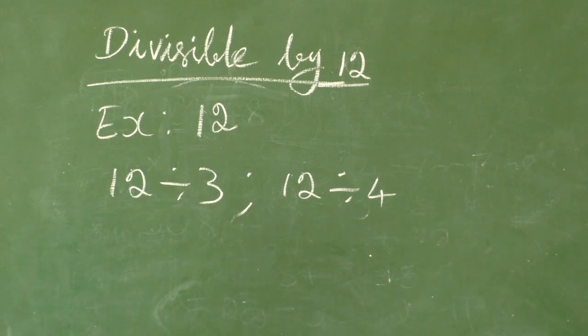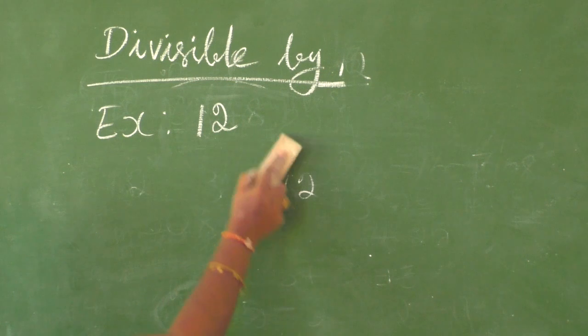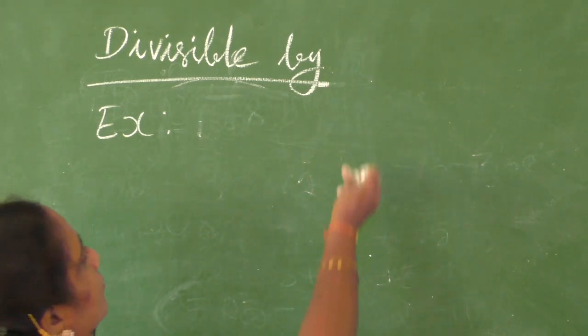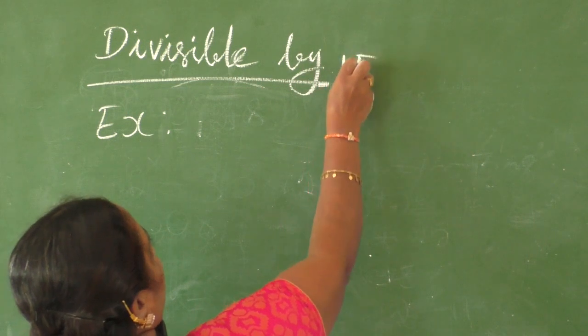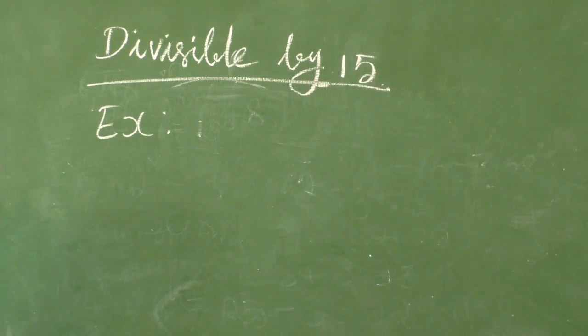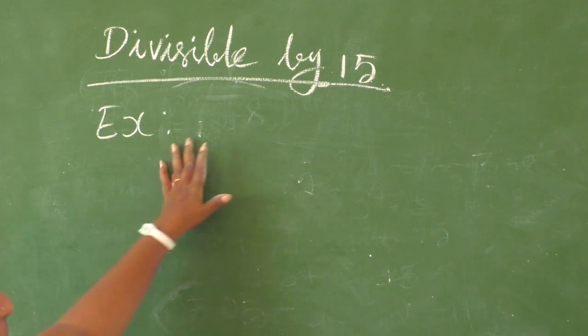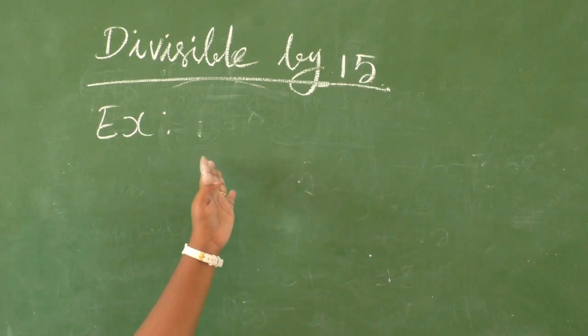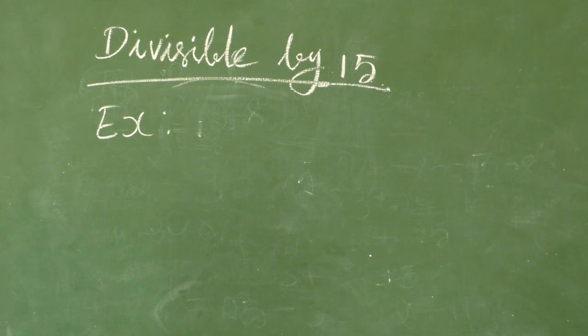Okay, next, divisible by 15. What is the rule to be divisible by 15? A number is divisible by 15 if it is divisible by 3 and 5.